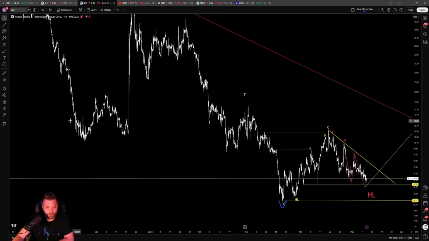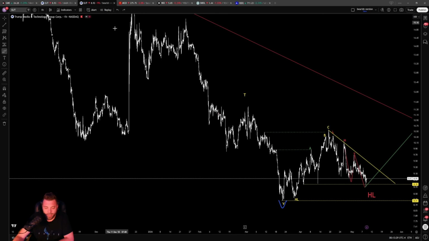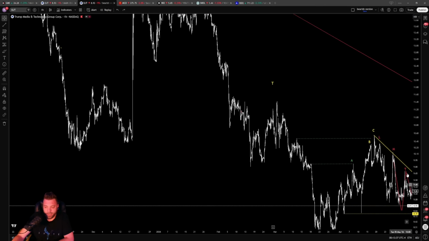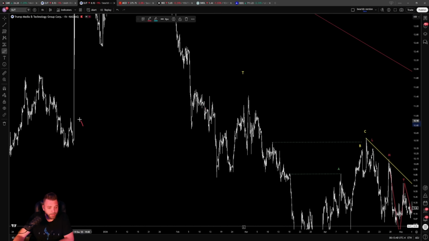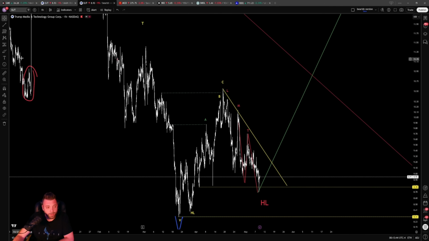You could even say we're just repeating this, because if you compare these two, it's nearly one-to-one. Here we did a V, higher low. Perfect example, what we could still do this week would be, here's our micro higher low. That's what I mean with micro higher low if we're not going on Monday.